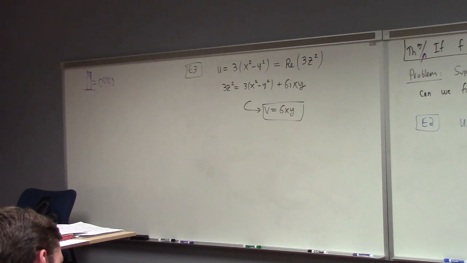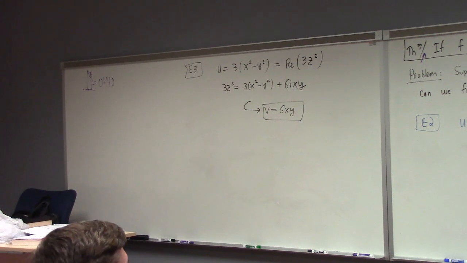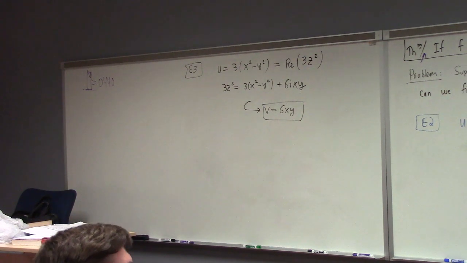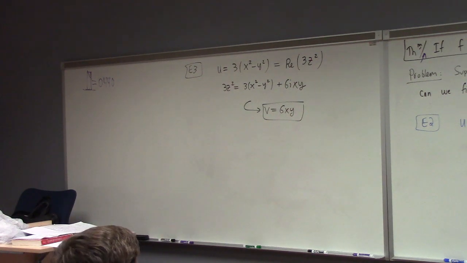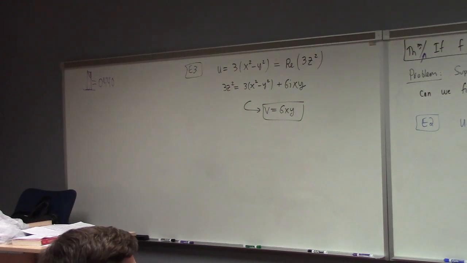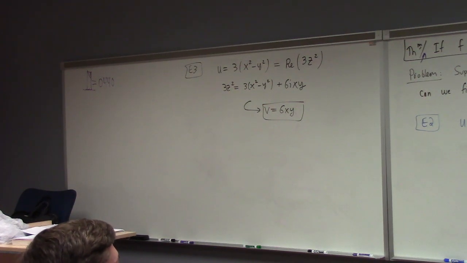So what I'm trying to describe to you is that finding the harmonic conjugate is tantamount to finding a potential for a vector field, right? What does it take for the vector field to be conservative? Do you guys remember?